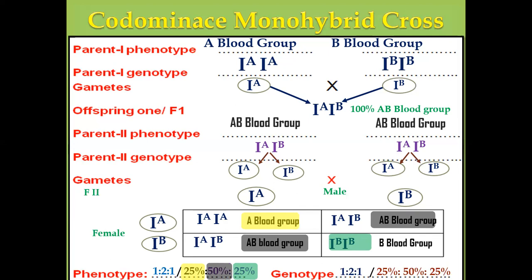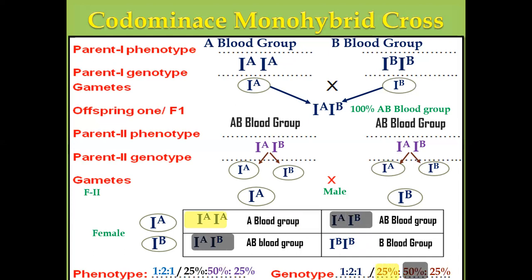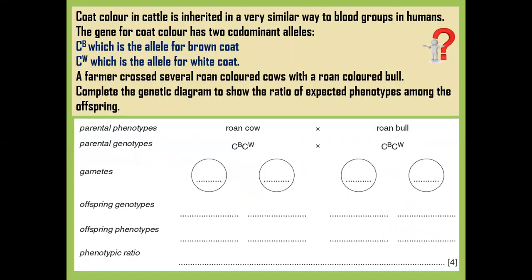For the genotypic expressions, homozygous A is 25%, heterozygous AB is 50%, and homozygous B is 25%. So overall, the simple whole number ratio will be 1:2:1.